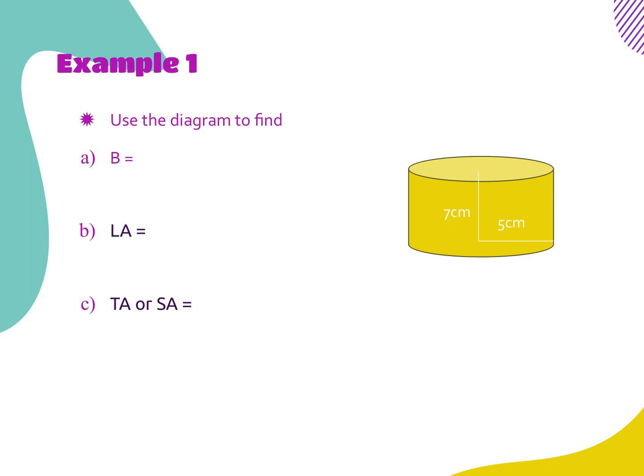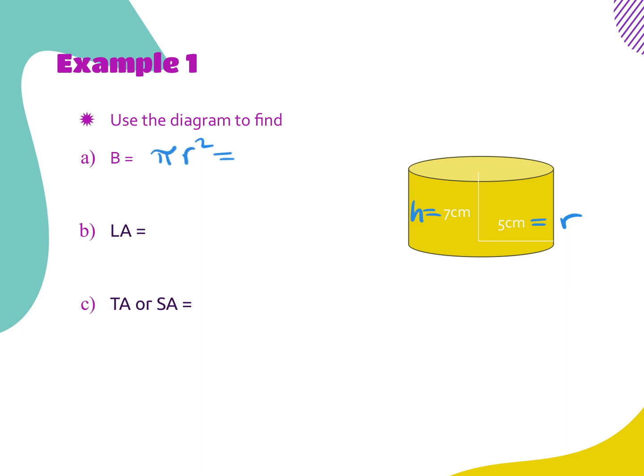So in order to answer these questions, let me go ahead and identify what I have in the picture. So the 5 is the radius of my circle base, and the 7 is the height of my cylinder. So in order to find the capital B, which is the area of the base, my shape is a circle, so pi times radius squared.